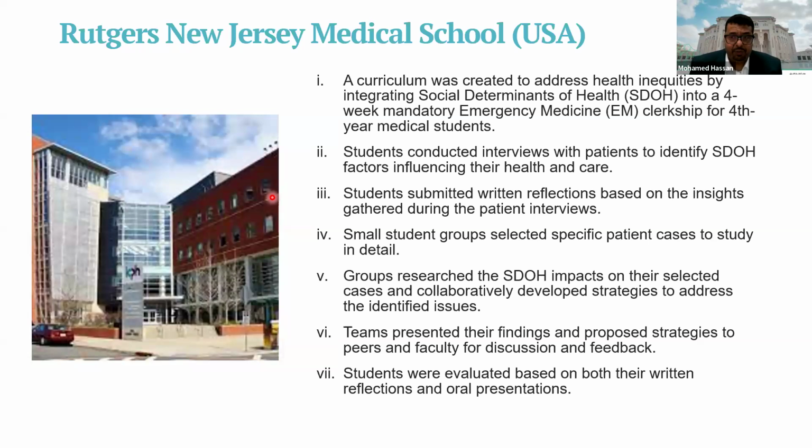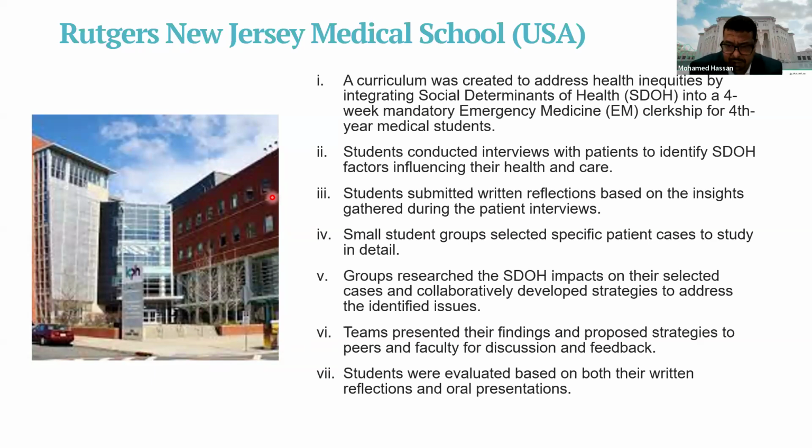Another example, also from the USA, is Rutgers New Jersey Medical School. They have integrated the social determinants of health in the emergency medicine clerkship. It is a 4-week clerkship, and students conduct interviews with patients to identify social determinant of health factors influencing their health and care.